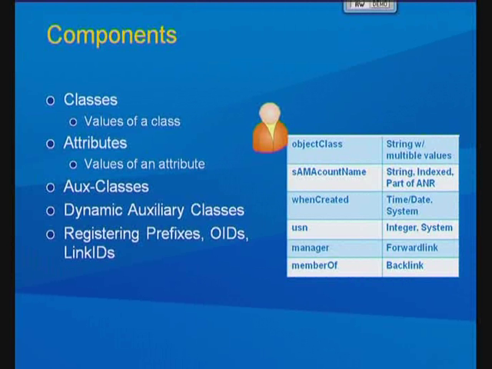If you're extending your schema with something like shoe size without a prefix, you might get issues if you want to upgrade your Windows operating system and Microsoft thinks at one point that shoe size might be important for every company, or if other companies are coming and they are not using prefixes, it might be that they are using the same name. However, names in the Active Directory schema need to be unique. So it's very important that you use a prefix here that no other company would use.